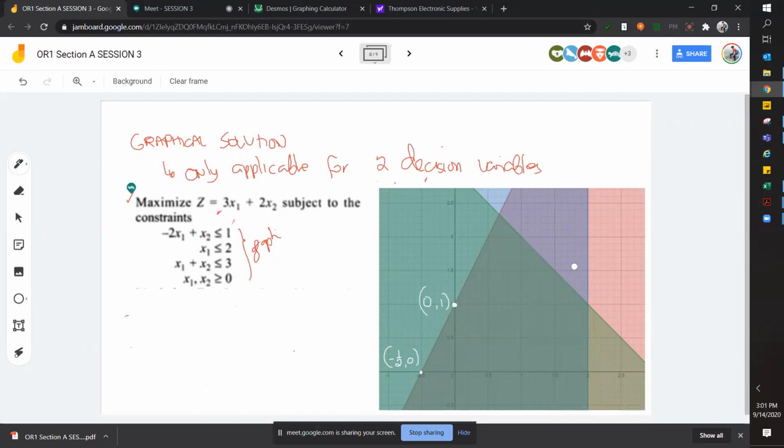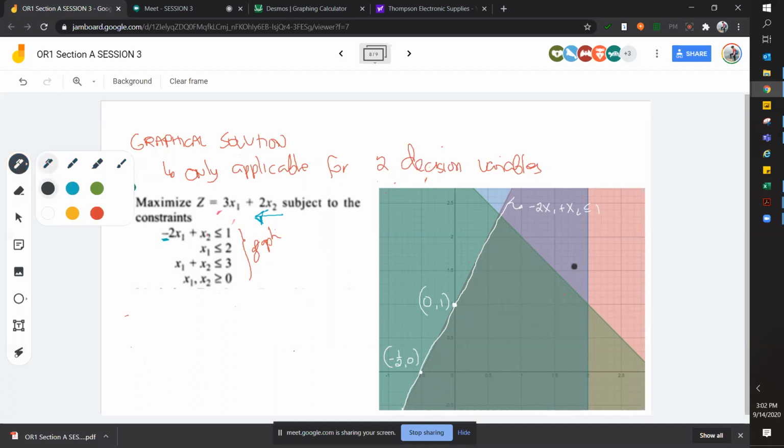Then, yung equation na kulay puti na yan, that is negative 2x1 plus x sub 2 less than or equal to 1. Question. Sir, paano po yung representation nito if you're expecting it to be like this one? Ganyan yung arrow. Yan nga yung medyo problema pag may negative sign.